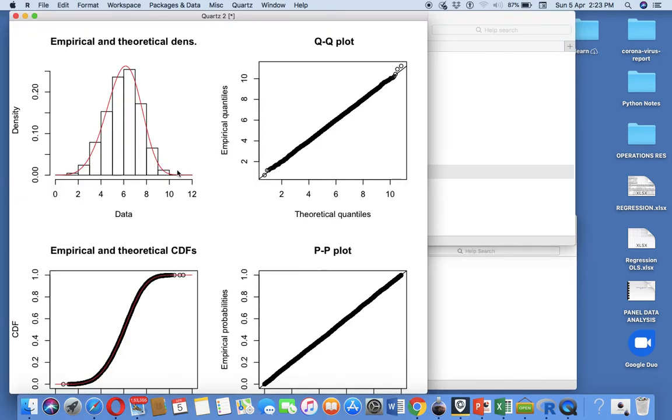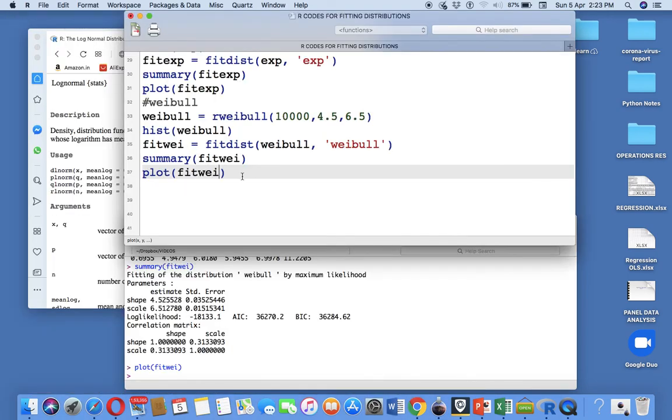Since we fitted a Weibull distribution to data generated assuming a Weibull distribution, the fit is very good, and we can see that the Weibull distribution best fits the data.